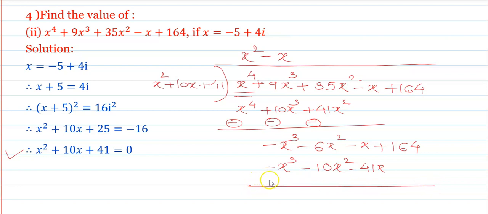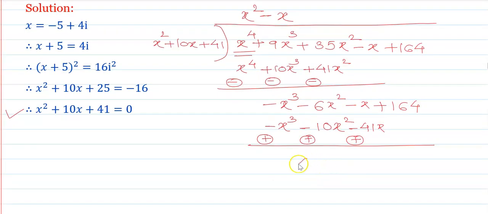Now we change. This is the plus, plus and plus. Plus x cube minus x cube get cancelled. Minus 6x square plus 10x square, you will get here 4x square minus x plus 41x, you will get here 40x plus 164. Now the next multiplication.